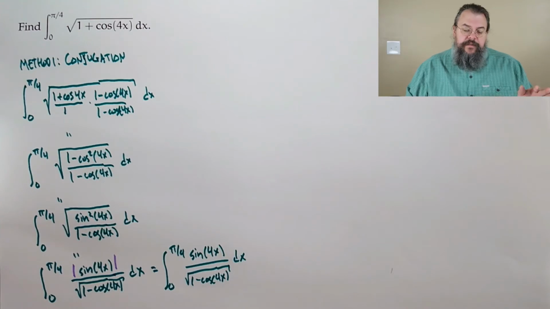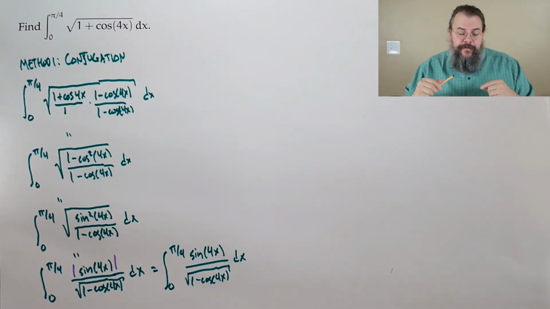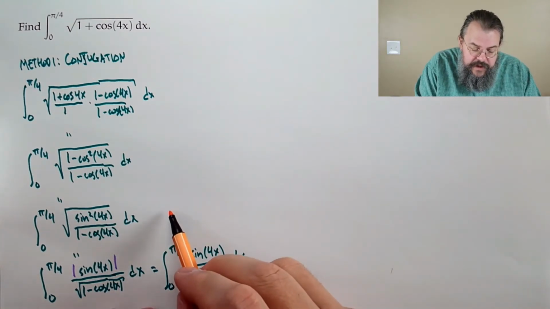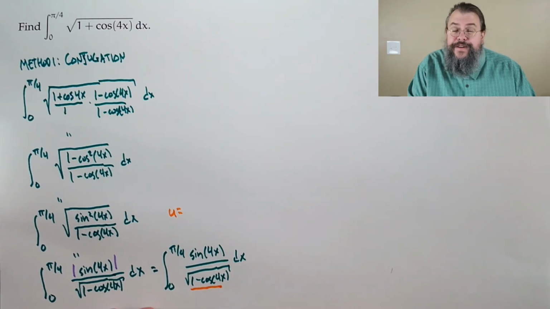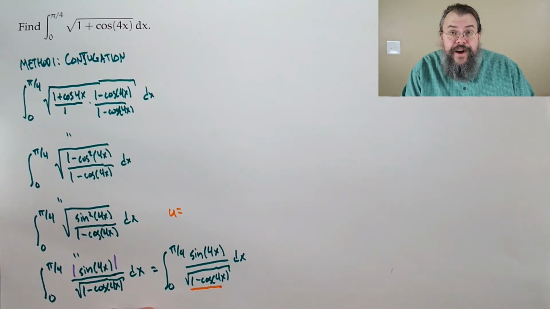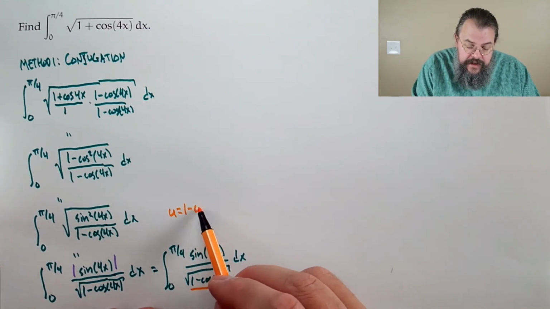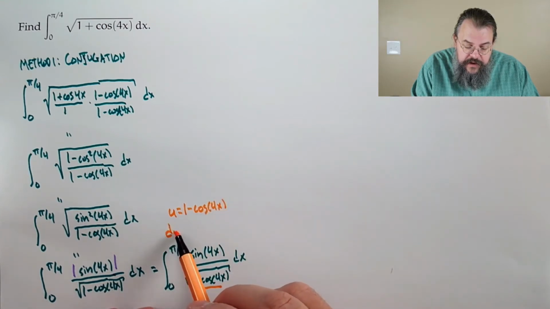Now, the way to finish is substitution. Because we say, look, just what's inside that square root, because after all, substitution is an inside job. So if u equals 1 minus cosine 4x, then what's the derivative?